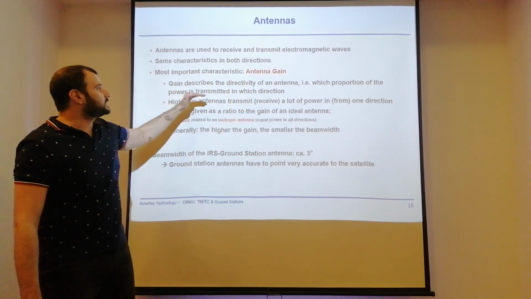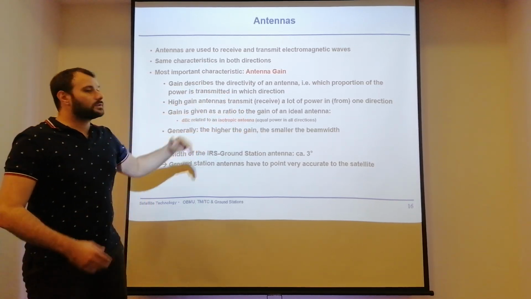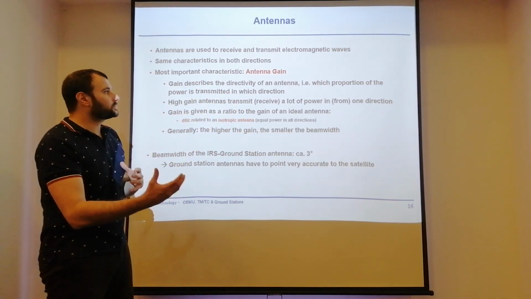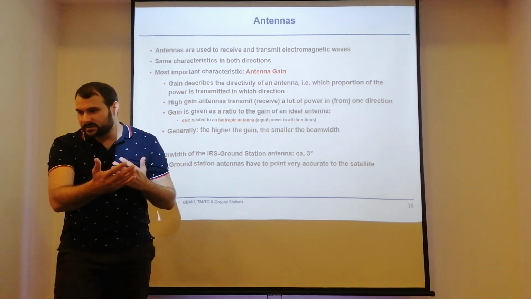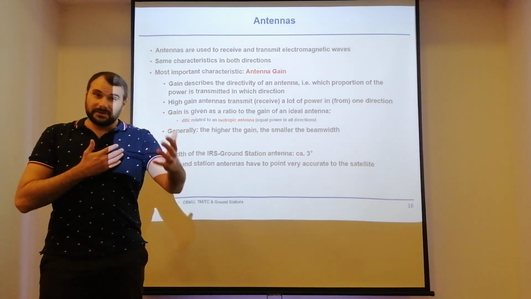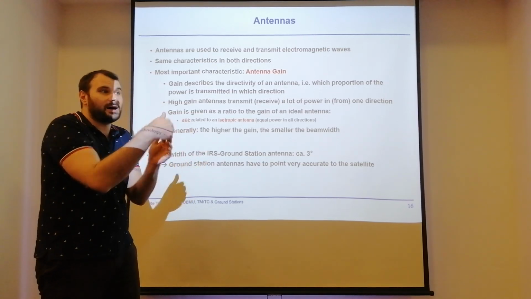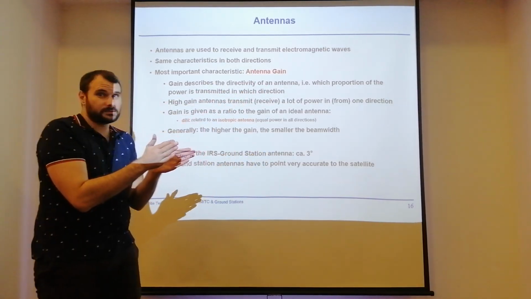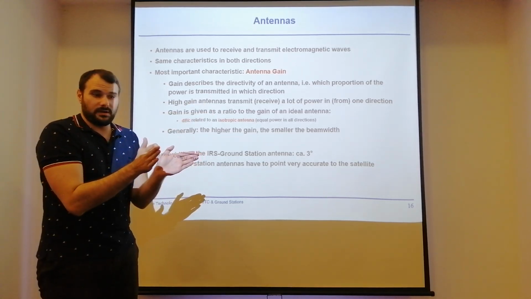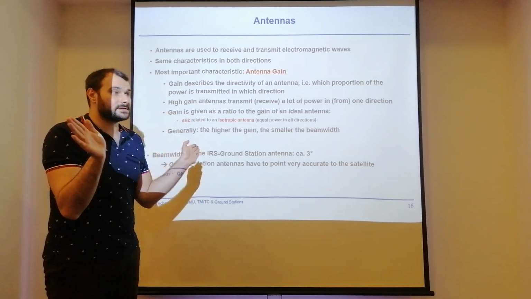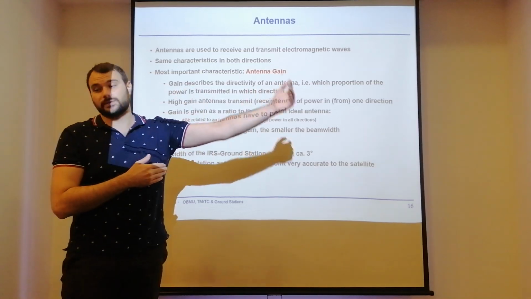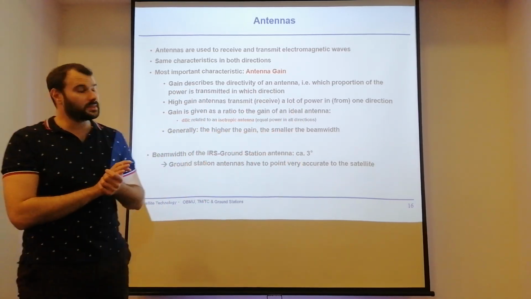The gain describes the directivity of the antenna. So, for example, which proportion of the power is transmitted in which direction. If we have an antenna that's more focused, we have a higher signal level within the focus, but if we go out of the focus, we have a lower signal there. And this is how we achieve a higher gain into a certain direction, directivity.